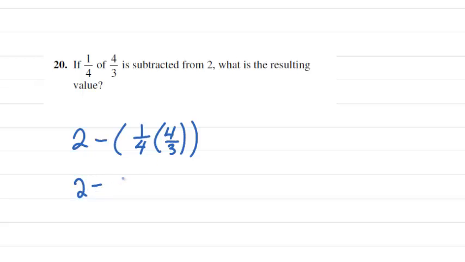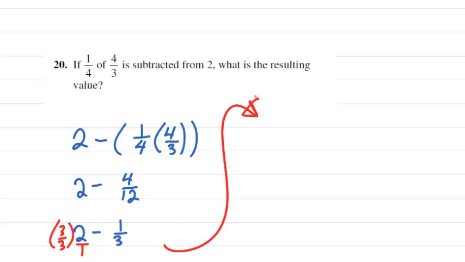That's 2 minus 4/12, and that could become 2 minus 1/3 after I simplify by dividing the top and the bottom both by 4. Now in order to add or subtract, I need the same denominator. So I'm going to multiply the 2, which is really 2 over 1, by 3 over 3, and I get 6 over 3 minus 1 over 3, which becomes 5 over 3, 5/3.